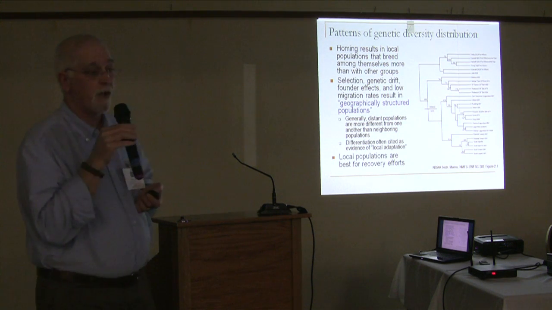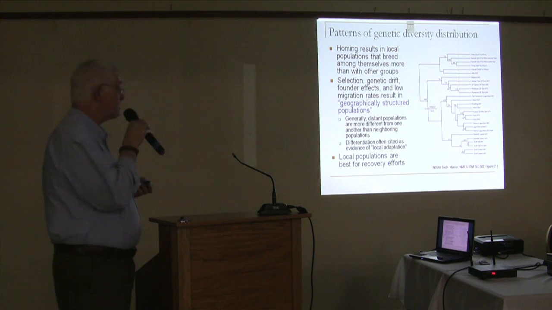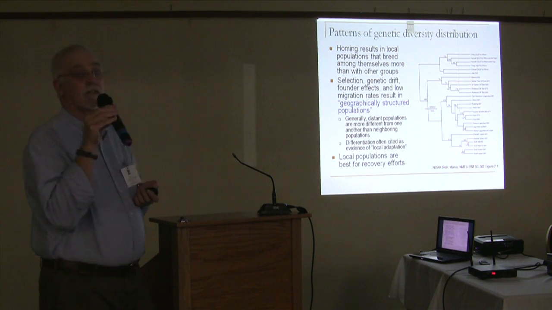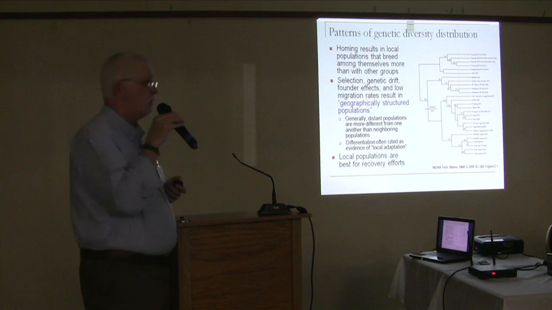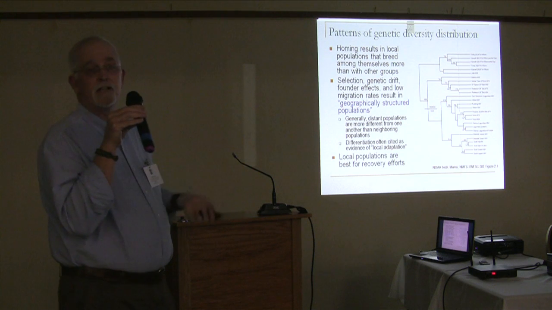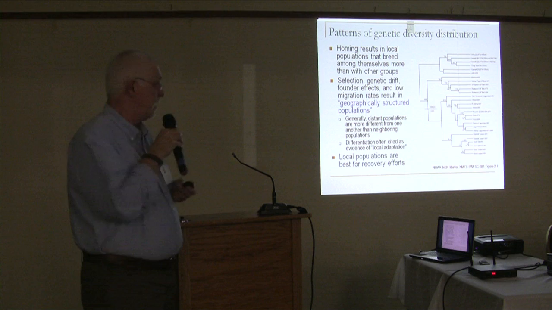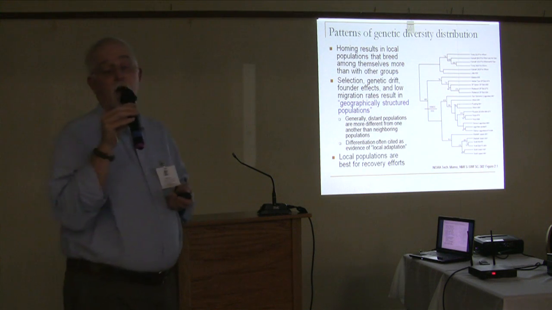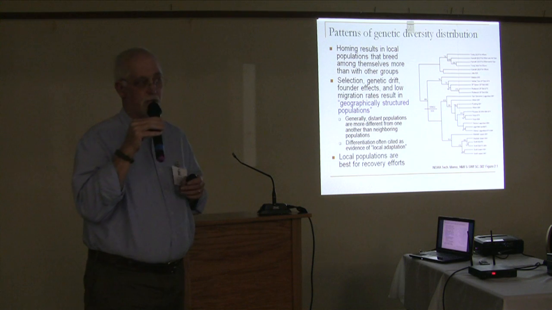Now, generally, distant populations are more different from one another than neighboring populations, and differentiation is often cited as evidence for local adaptation. Because of this differentiation of populations on a geographic scale, local populations are often thought of as being the best to focus on for recovery.